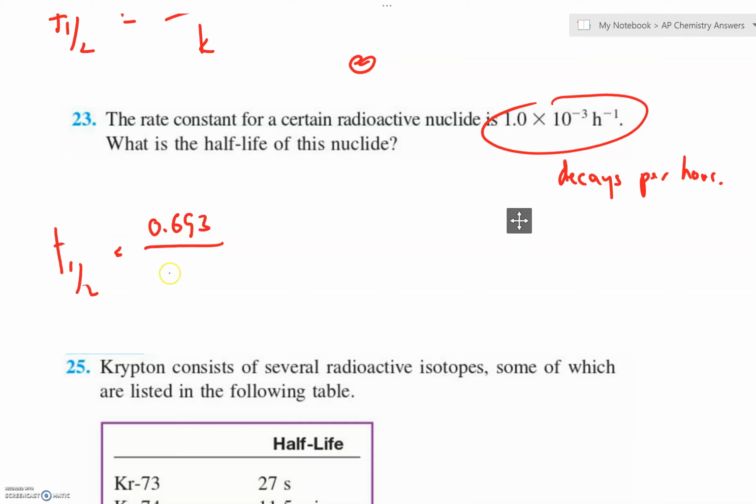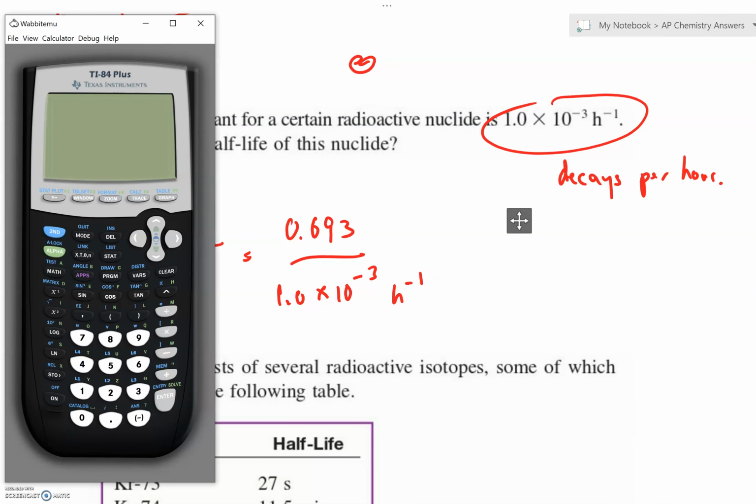0.693 over the rate constant k. Well, we know the rate constant k. In this case, it's 1 times 10 to the negative third hours to the -1. So let's bust out our calculator and ask, what is the half-life? 0.693 divided by 1 times 10 to the negative third.